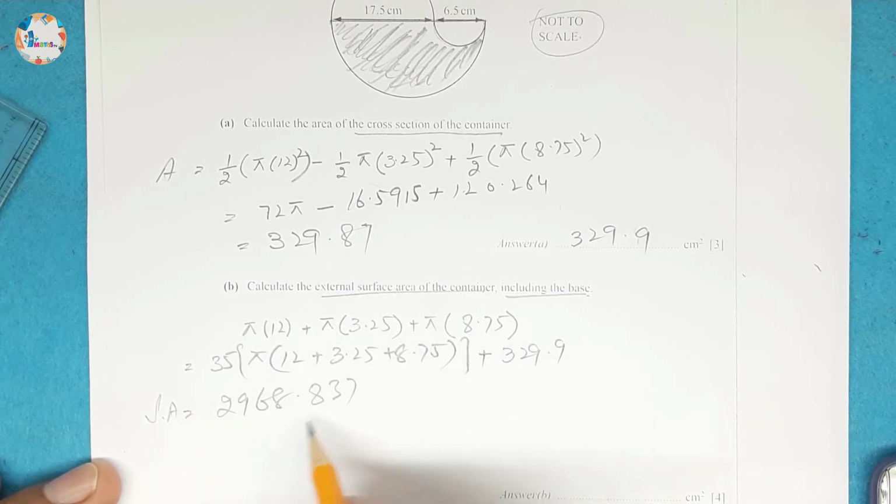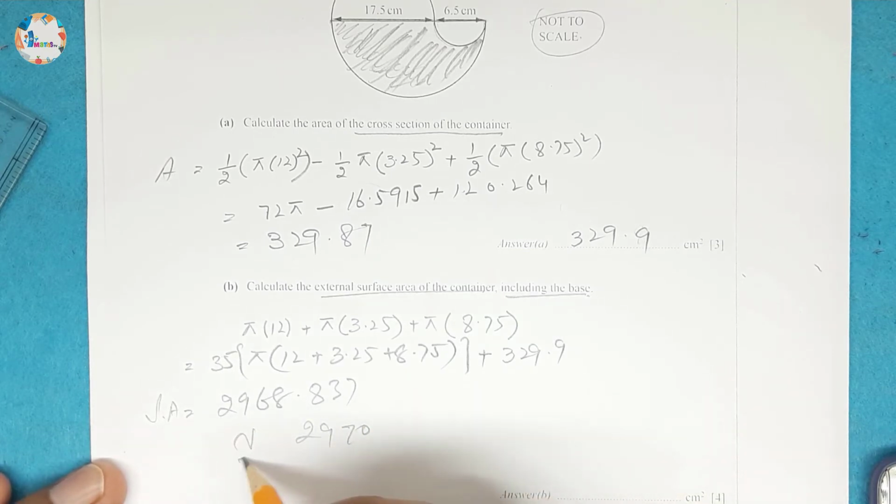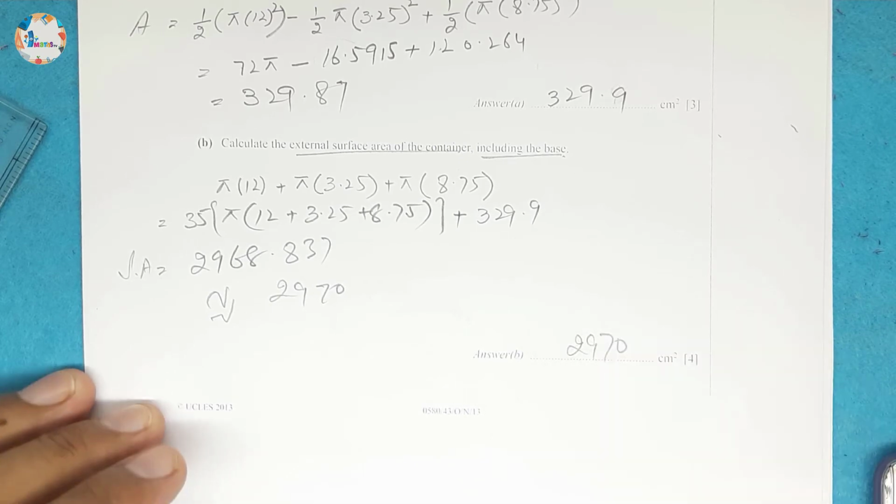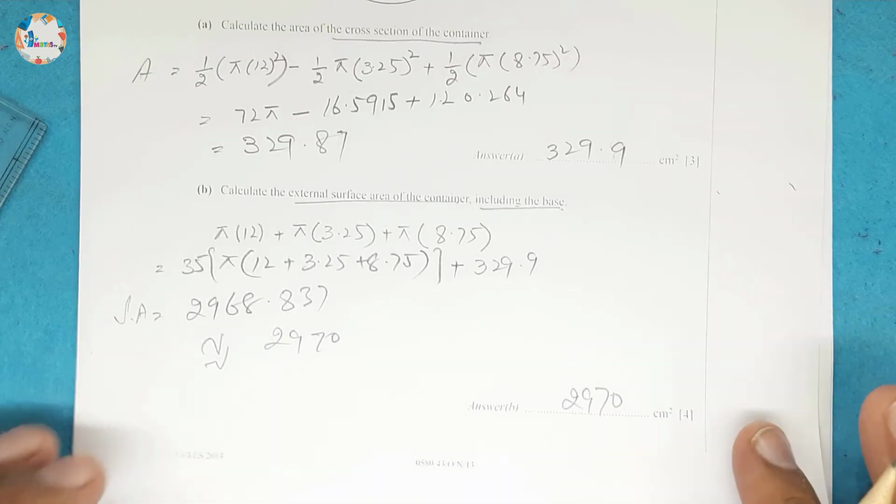So we can round it as 2970. This will be approximately equal to this one. So we can write here 2970. This will be our answer.